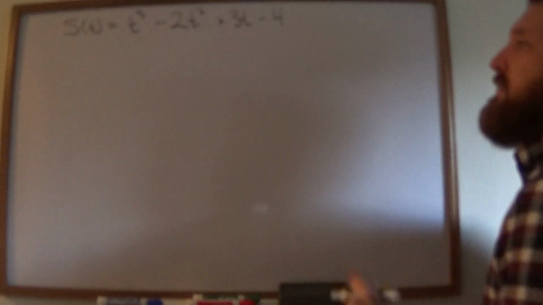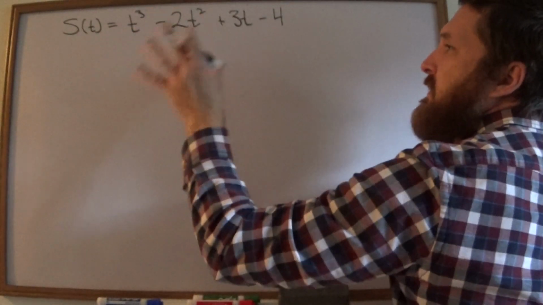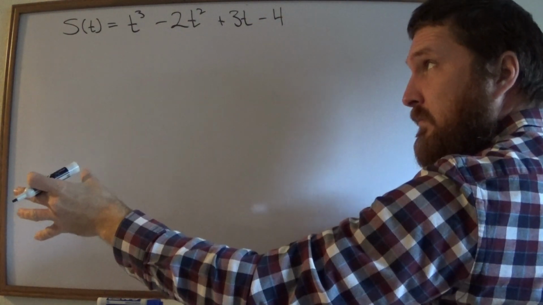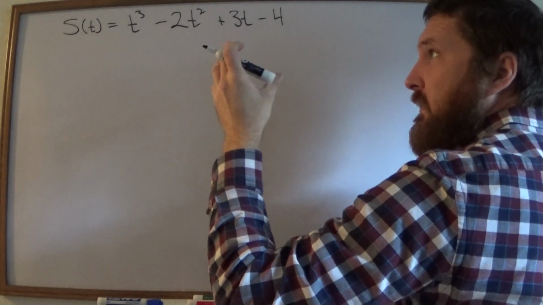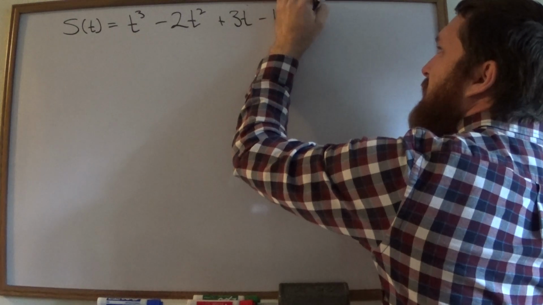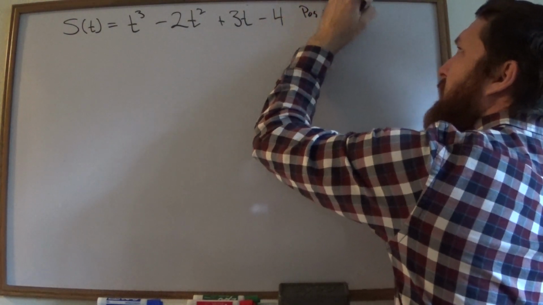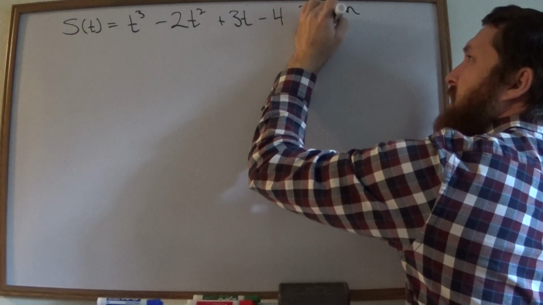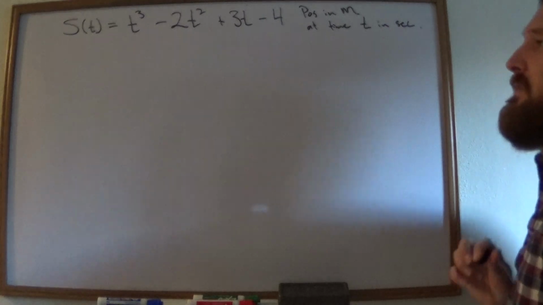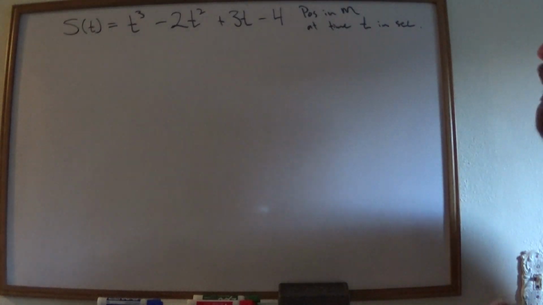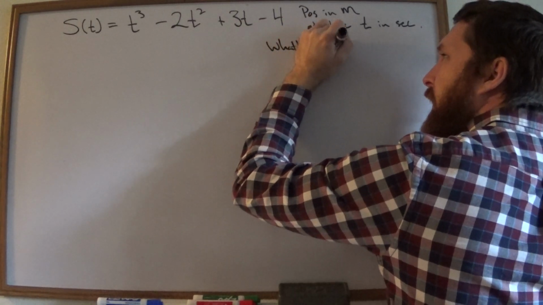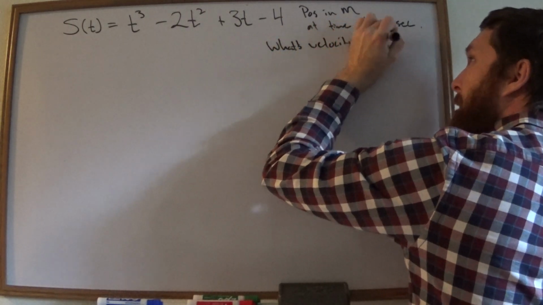I'll tell you this is the position of a particle in meters at time t in seconds. And I'm going to ask you, what's its velocity at 1 second? Is velocity the second derivative? Nope. It's the first derivative.